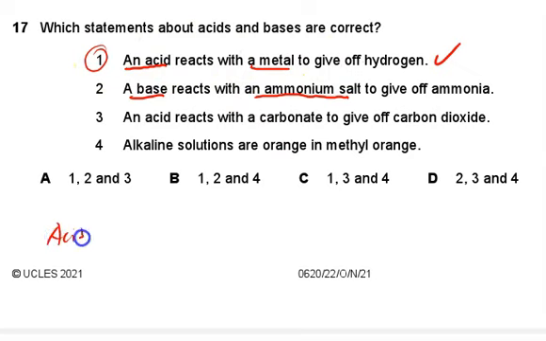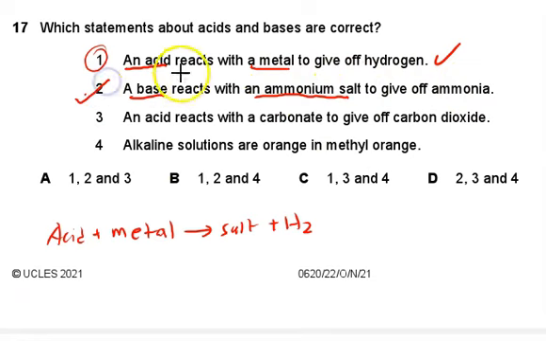So here we will have acid plus metal, you will have the salt plus releasing the hydrogen. A base reacts with an ammonium salt to give off ammonia. Yes, this is correct. And acid reacts with a carbonate to give off carbon dioxide. Yes, is correct.